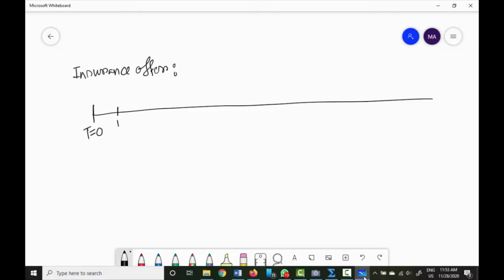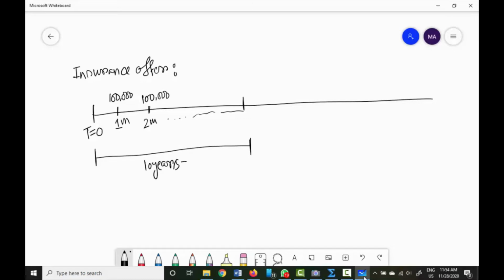If Mr. Harun deposits 1 lakh taka after 1 month, 1 lakh taka after 2 months, and like that up to 10 years. 10 years means, since in 1 year we have 12 months, in 10 years we will have a total of 120 periods, or 120 installments or payments, of 1 lakh taka each.